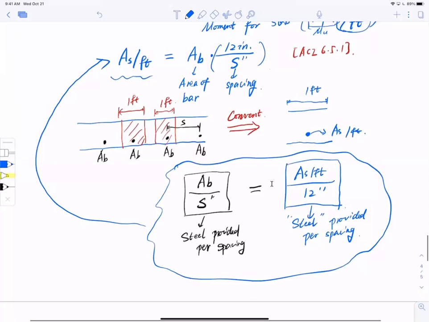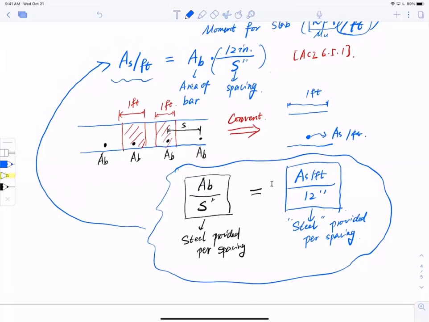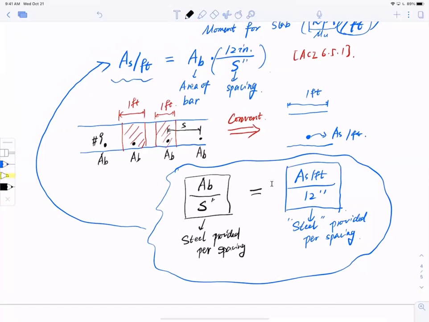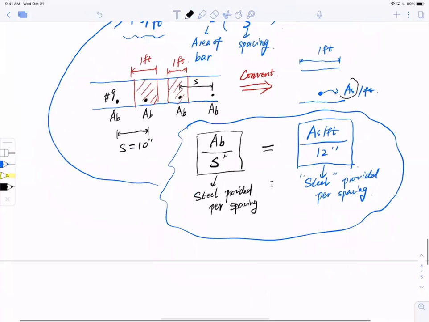So in other words, when you provide a bar to a slab, you got to do the conversion. You say, I provide, for example, number 9 bars. I'm just making things up. And I say, all right, I have a distance between the bars, say, for example, 12 inches. That's too ideal, so make it 10 inches. So what would be the AS provided for the slab?